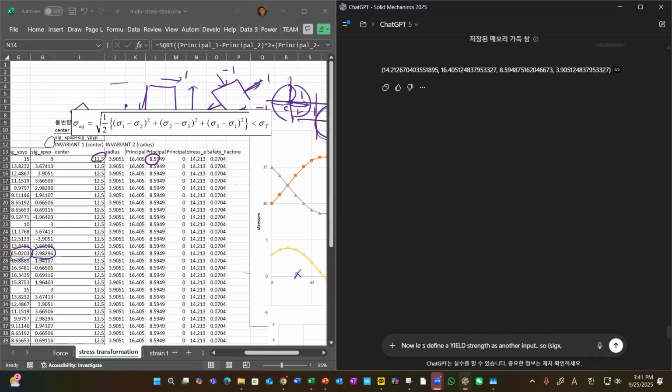Sig X, Sig Y, and Sig 아까 XY라 그랬나요? 그 다음에 시그마 yield strength 이렇게 주겠다고 하고, 예를 들어서 1, 2, 2 하고, 여기다 이렇게 해서, will it fail?